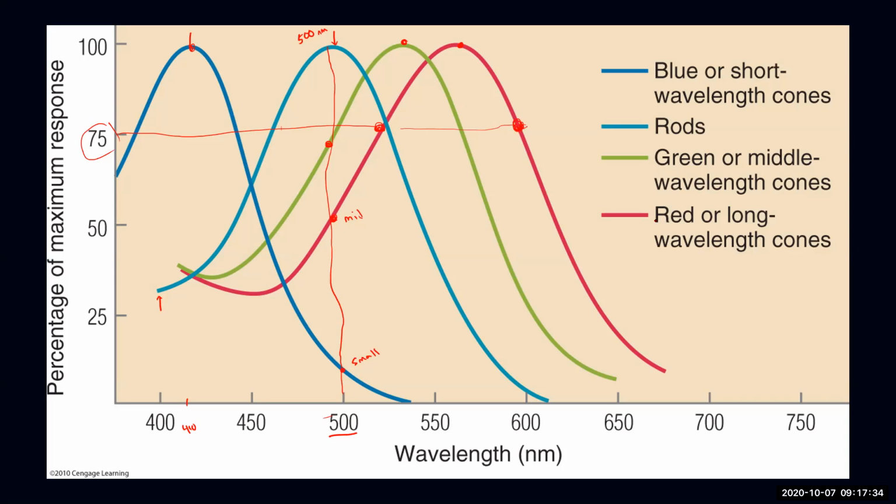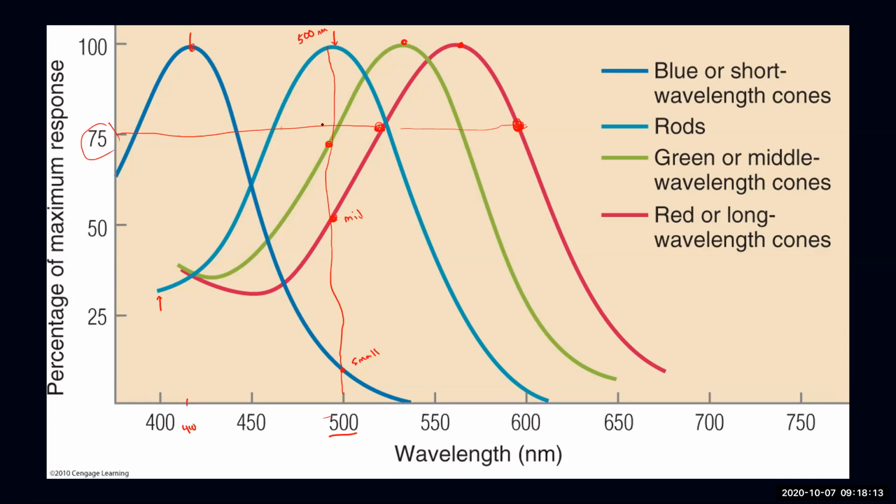So if all I know, if I have one cone, I can't differentiate between something at say 525 and something at say 615, right? Both of those I'll have 75%. So if my long wavelength cones are responding at 75%, my brain doesn't know whether it's 525 or 615. Okay, I can't tell the difference. So just one photopigment doesn't let me distinguish amongst wavelengths of light.